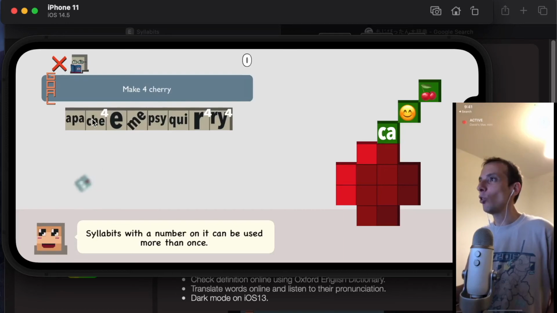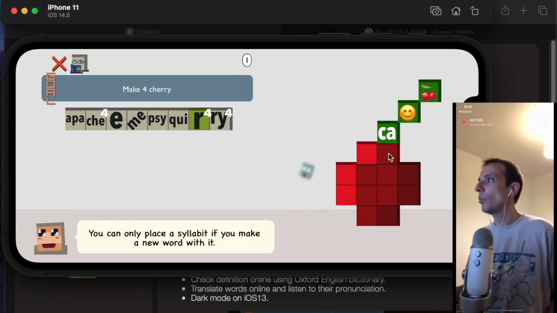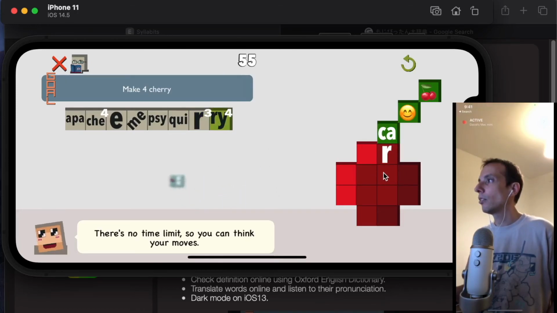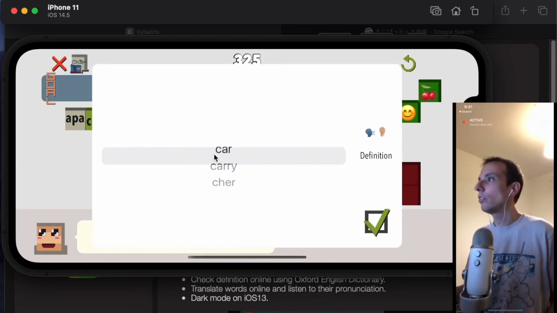Right, so I have 4 chairs and 4 rye, and you have this R as well, so you can try to make car, I don't know, carry. You're gonna put re there because what? But you could put chair. I don't know what's chair. I don't understand.